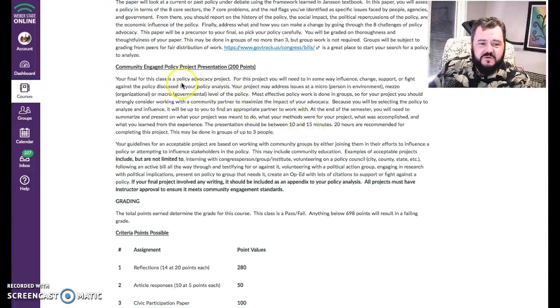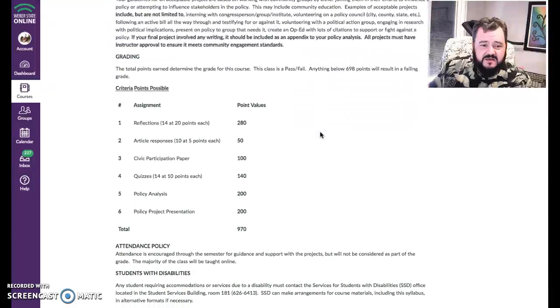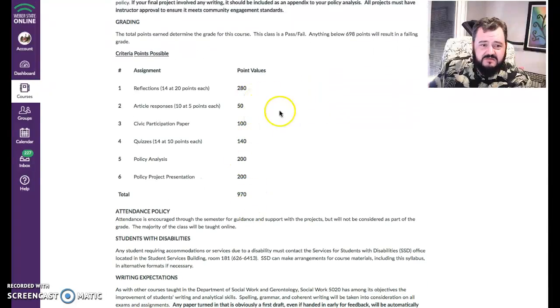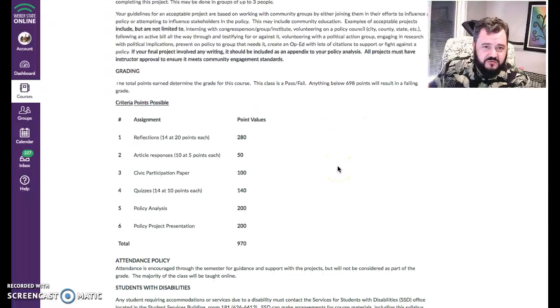At the end of the course, you will have to do a community engaged project and then a summary presentation on that project. Be sure to read through all of this and what that's supposed to look like. Essentially, you'll have to record a video and submit it here. There are lots of cool tools you can use for that. Okay. This is the total amount of points. One thing I should say, most of my grading will be done through rubrics.